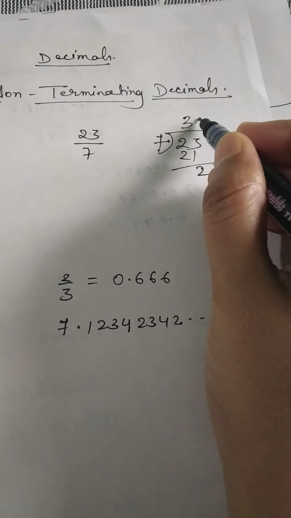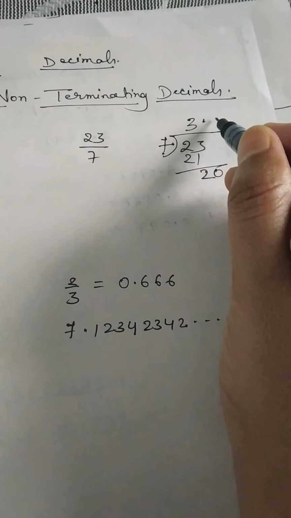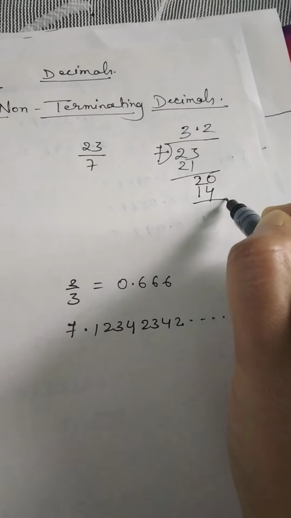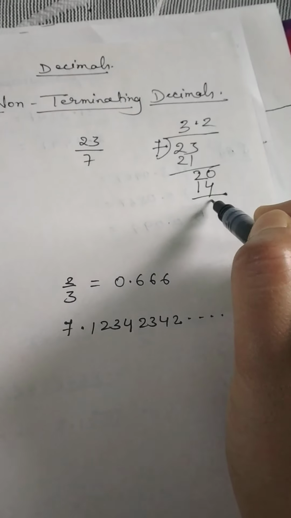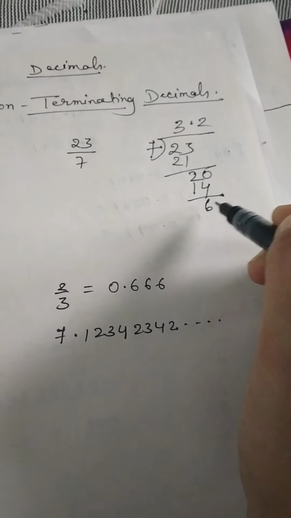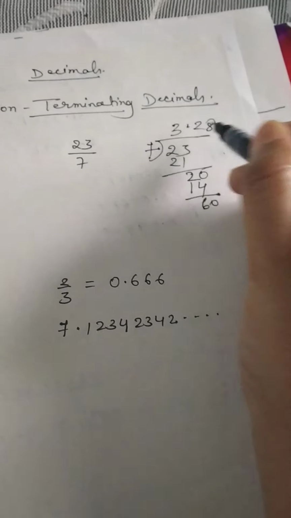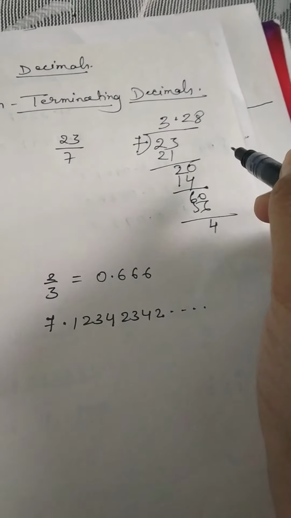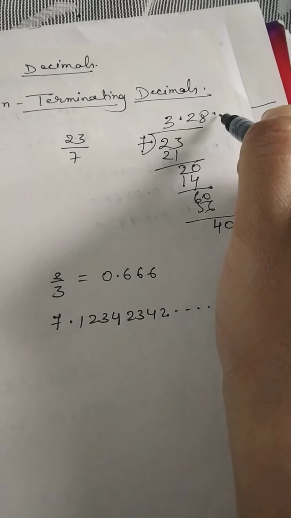So we get here 2 decimal 20. Then 7 2s are 14. 10 minus 4, 6. Then again one more zero. 7 8s are 56. 10 minus 6, 4. Then again you can take one 0.